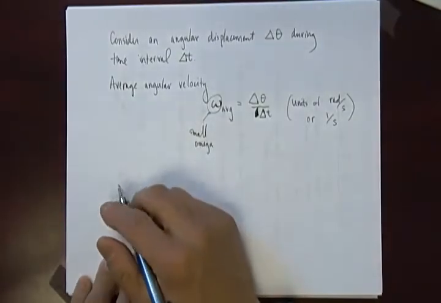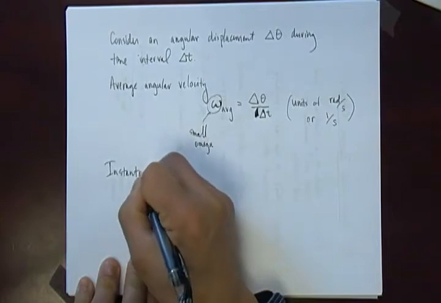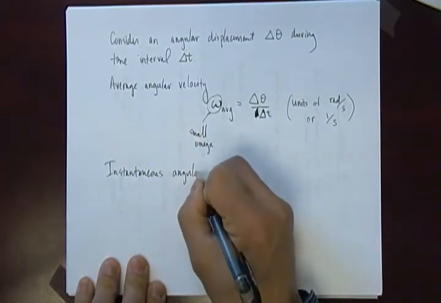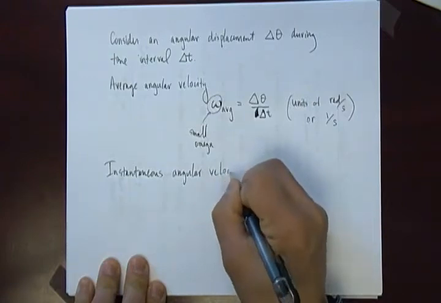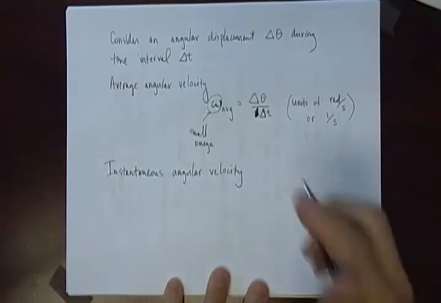Now, we can also talk about the instantaneous angular velocity. And this is the analog of the instantaneous velocity that we did before.